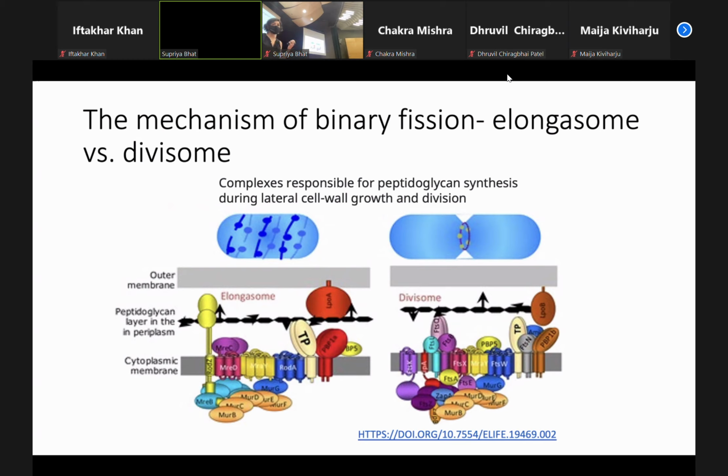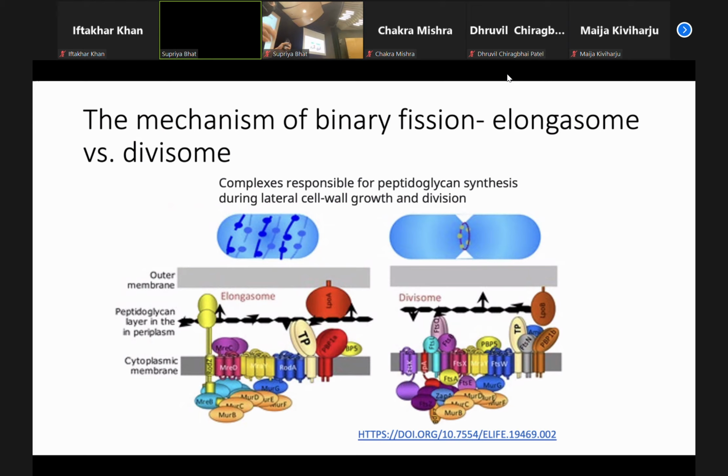The two complexes are similar in the sense that some proteins are similar, like you can see the MurB protein, MurC, MurD. Those are all the actin or actin-like proteins, so they basically help in the movement of the complex. Whereas the Fts proteins, FtsZ, FtsA, help in the constriction of the inner membrane and outer membrane, and they're present only in the divisome.